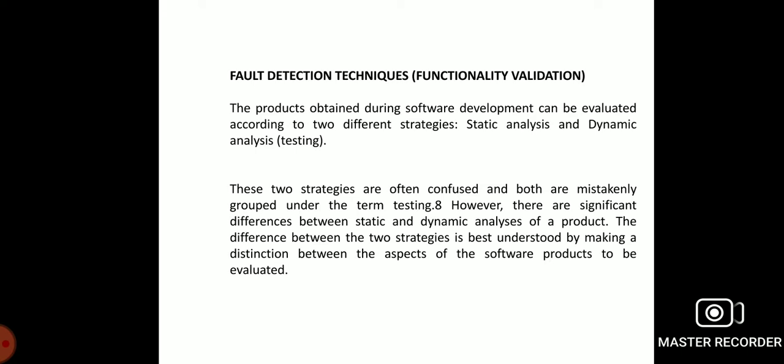These two strategies are often confused, and both are mistakenly grouped under the term testing. However, there are significant differences between the static and dynamic analysis of the product. The difference between the two strategies is best understood by making a distinction between the aspects of the software product to be evaluated.